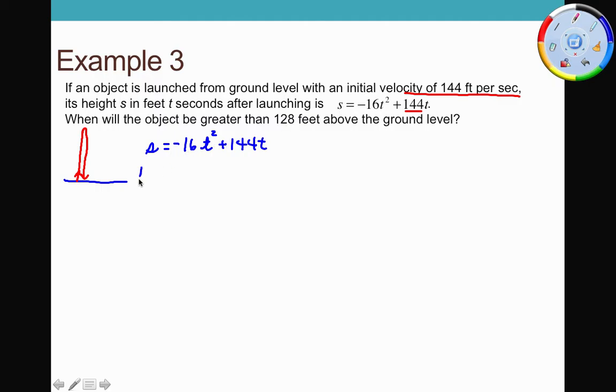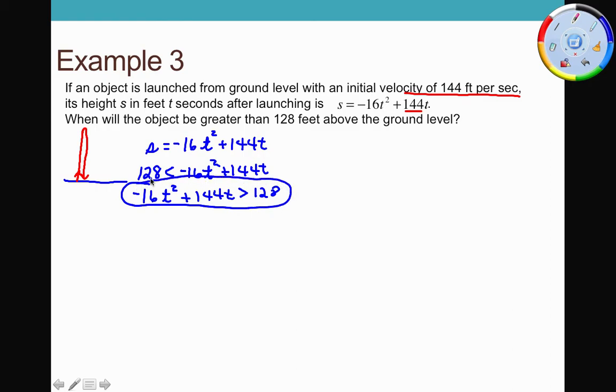So I'm looking at this distance, and the formula has to be greater than, okay, in other words, I think it's more clear to write it this way because it follows with the words. This is the height of the object. When will it be greater than 128? I like this version better. It makes a little more sense. Okay? So what we have here is an inequality.